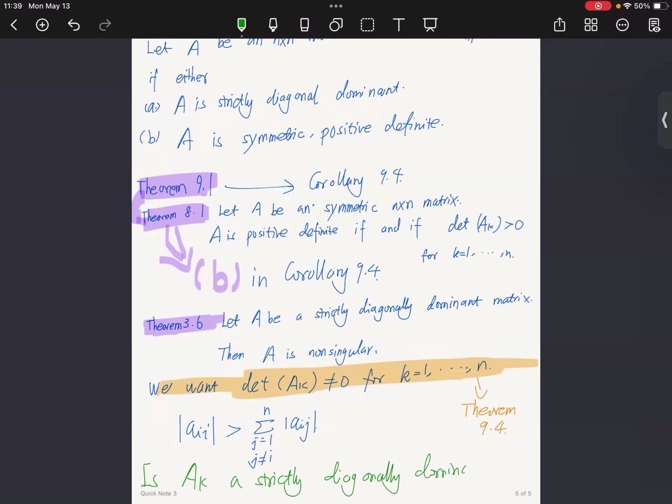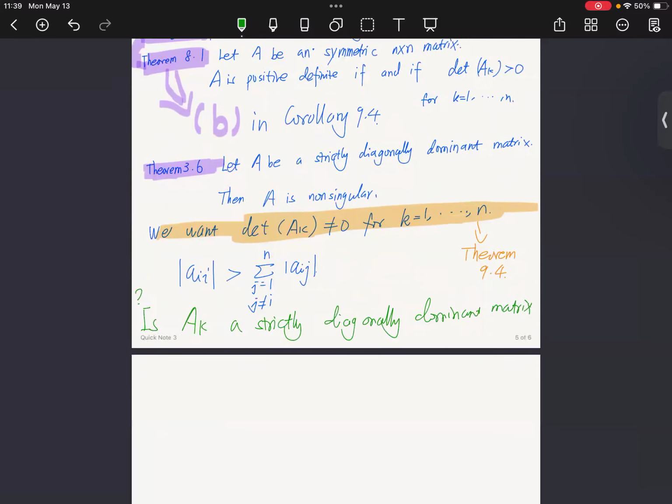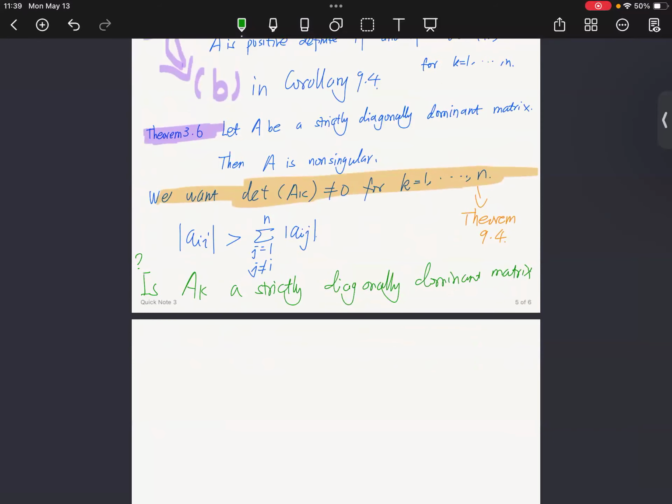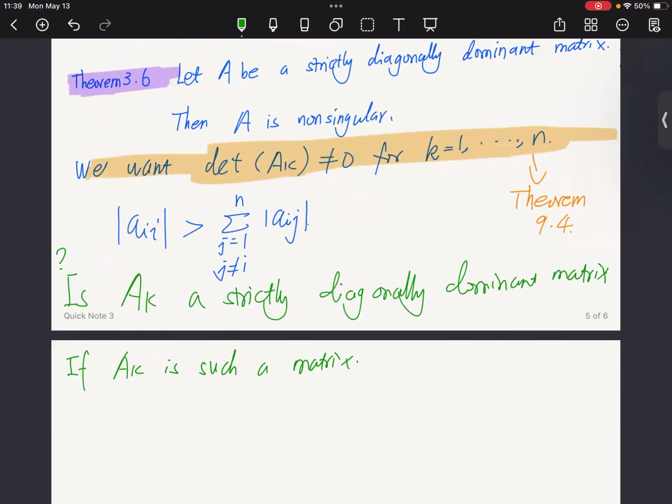And why do I ask this question? If A_k is such a matrix, a strictly diagonally dominant matrix, what can we have?